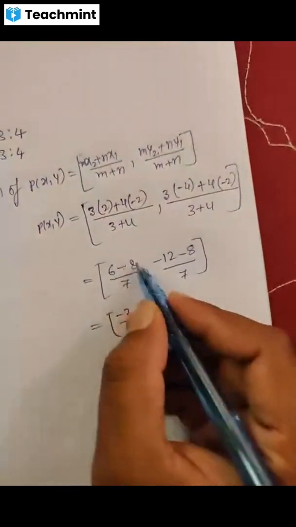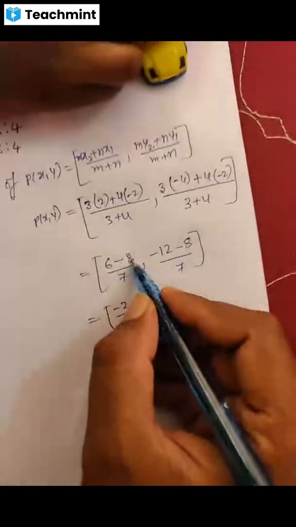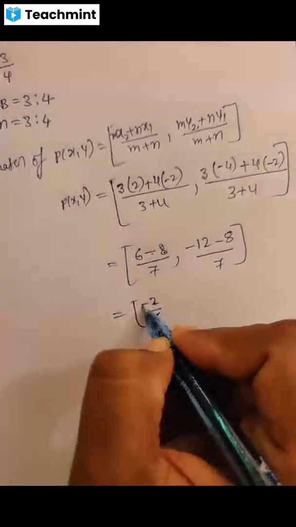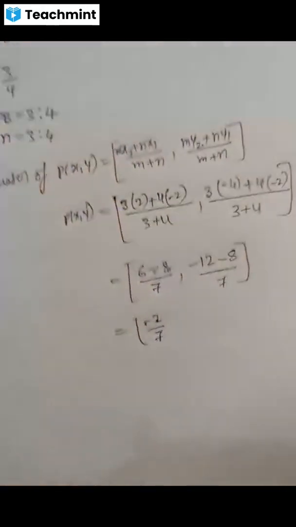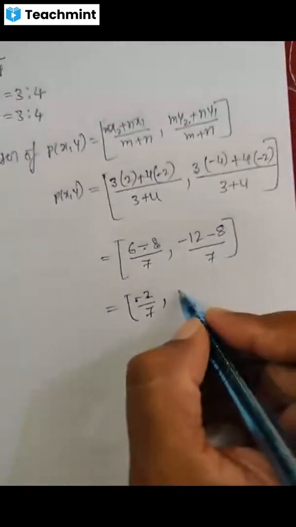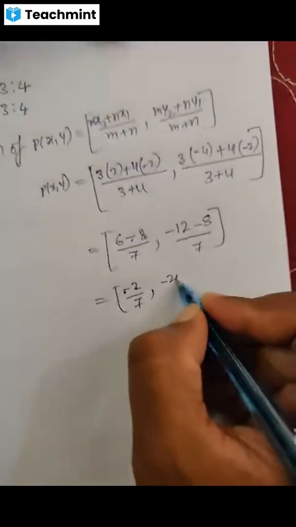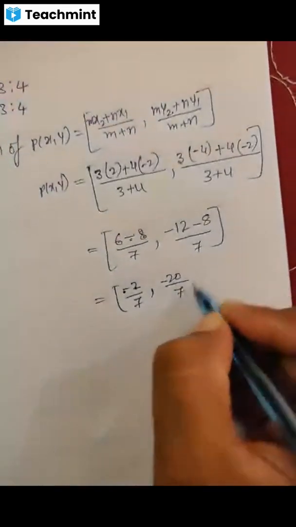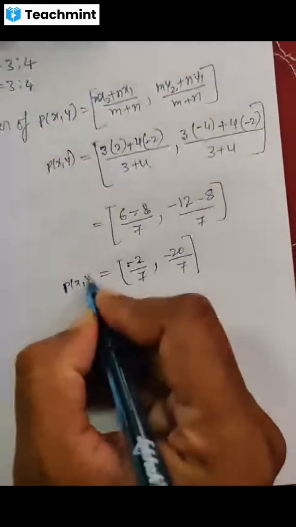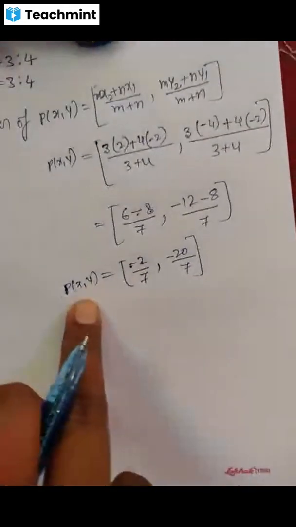Minus 8 is the biggest number, so the remaining value should be minus 2 by 7, comma minus 20 by 7. So these are the coordinates of P, X, Y, coordinates of point P.